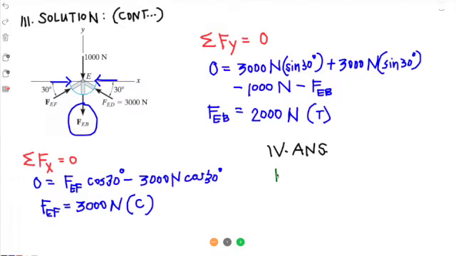It's equal to 2,000 newtons or 2 kilonewtons and is a tensile force. So that is how you do your method of sections, and sometimes you should do both. So you need to learn both method of sections and method of joints. So it's a tensile force. Okay, so that is our answer for this problem.